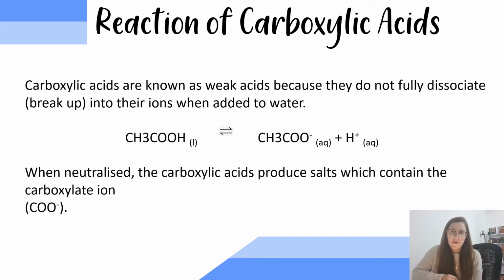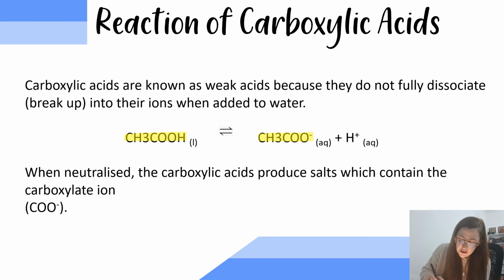Now, what makes carboxylic acids different from normal acids is that they are particularly weak acids, which means they don't fully dissociate or break up into their ions in water. So we can see this where we are starting with here methanoic acid. And when methanoic acid is added to water, some of the methanoic acid splits up into 2 different ions.